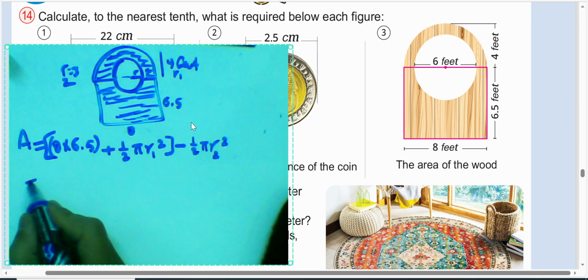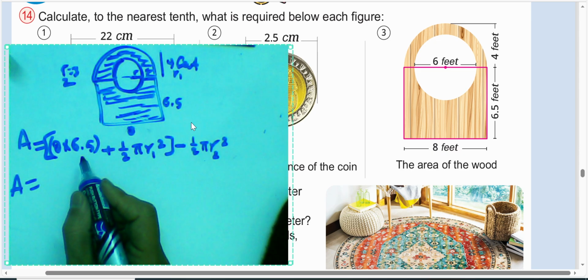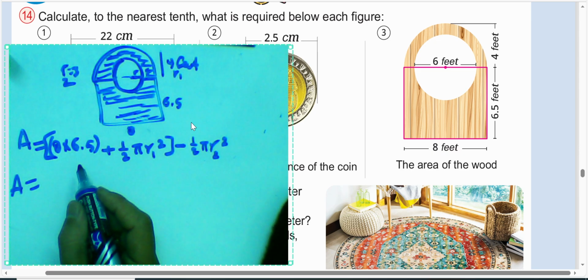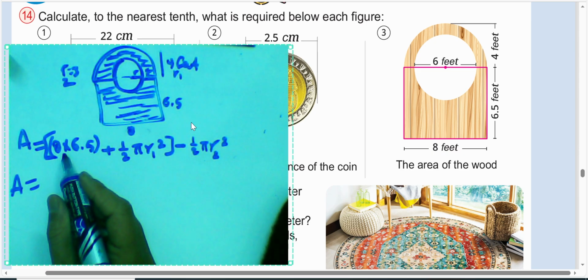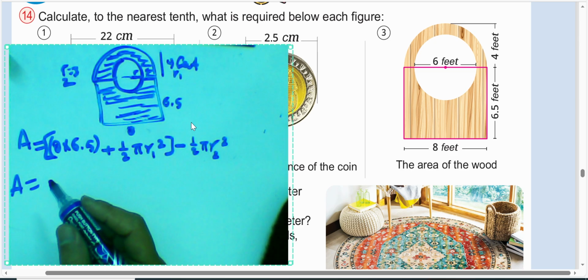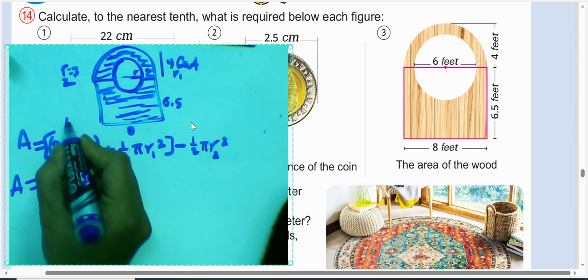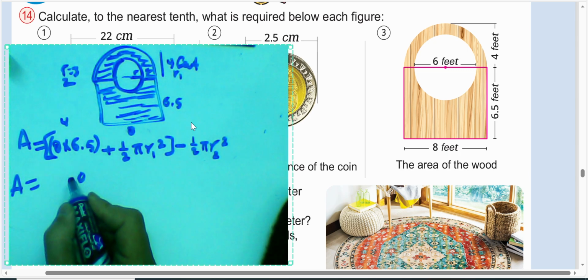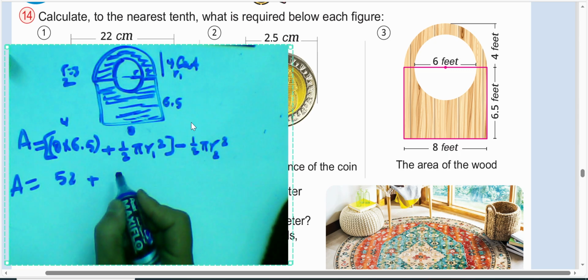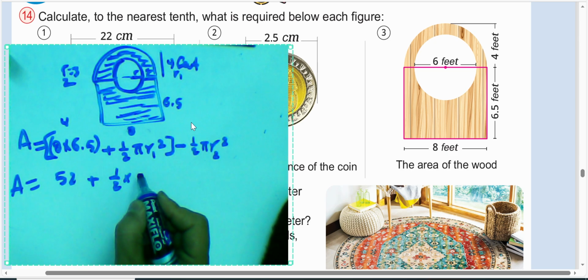Okay, then we can write 6.5 times 8 equals what? 5 times 8 equals 40, write 0 and carry 4. 6 times 8 is 48 plus 4 is 52. Write the point. The result will be 52. Half product by pi.